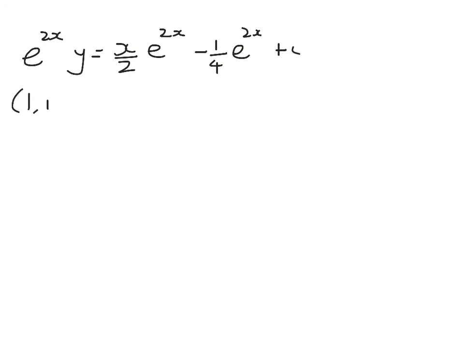Alright, so starting from here again, e to the 2xy equals x on 2, e to the 2x, minus 1/4 e to the 2x, plus c. But we know that 1, 1 is on the curve. So we're going to substitute that in.